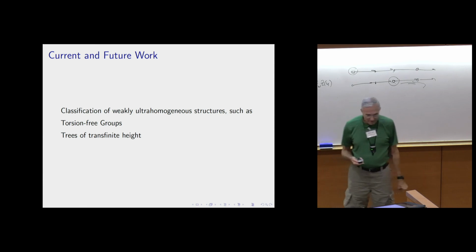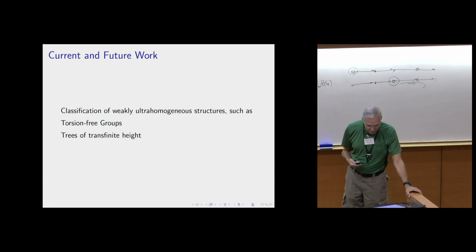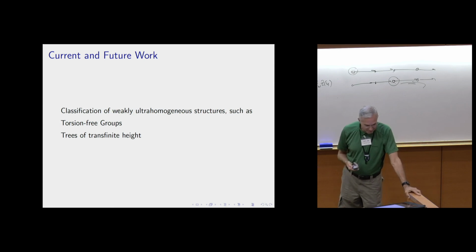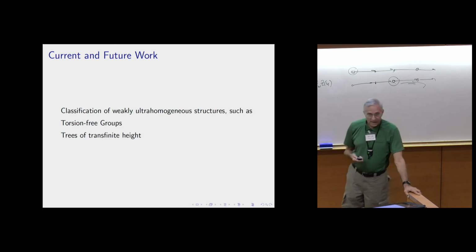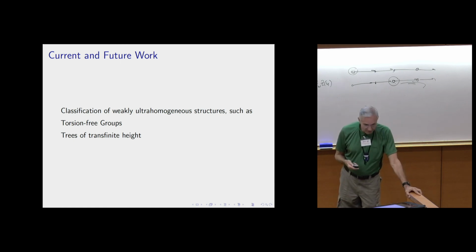Obviously there are many other interesting structures, in particular the torsion-free groups. I have been recently enjoying these Downey-Melnikov papers that explain a very beautiful theory of the categoricity, computable categoricity, and also the isomorphism problem for torsion-free groups. So we want to pursue that, and look at the ultra-homogeneous structures there.